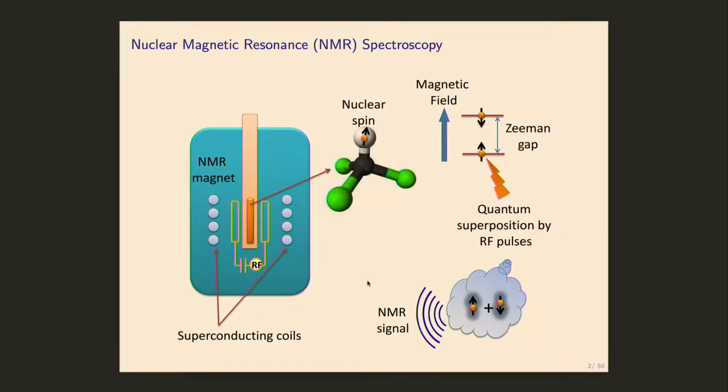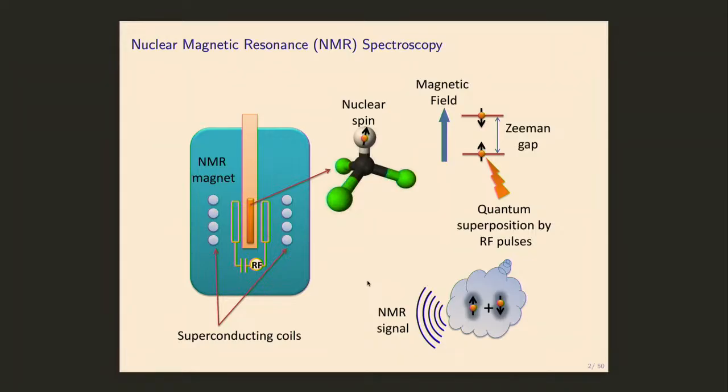Every spin is precessing, and you can imagine this like a dynamo: a tiny magnet precessing inside a Helmholtz coil produces EMF, which is amplified and read as the NMR signal.